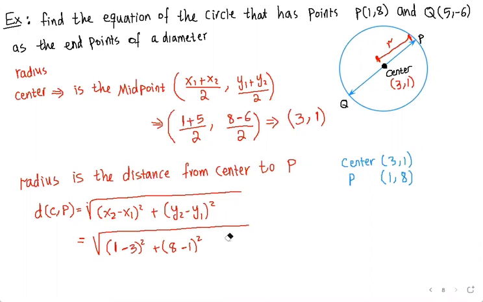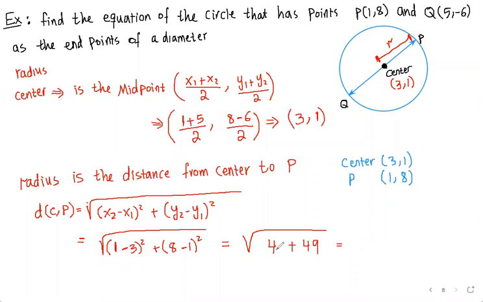Here, let me make it good. So 1 minus 3 is negative 2, squared is 4. So I get 4 plus 8 minus 1 is 7, squared is 49.